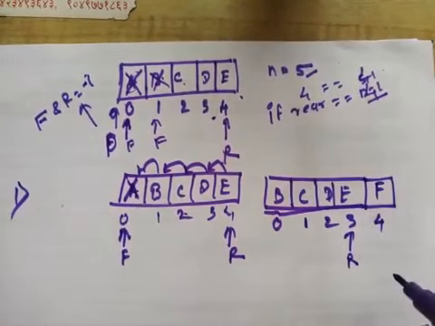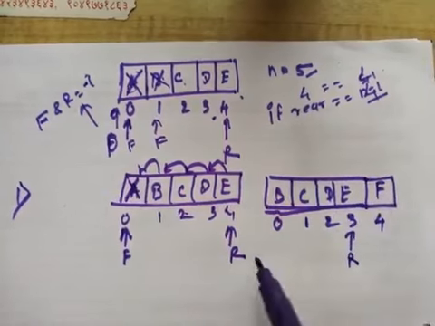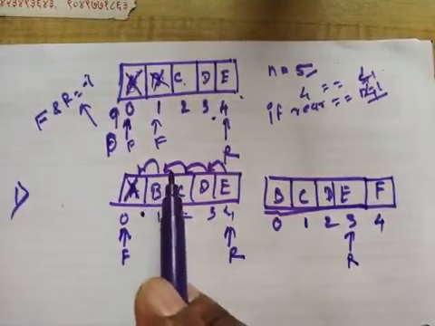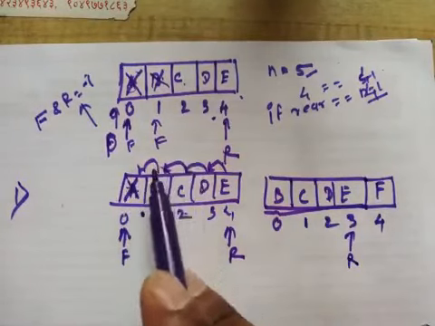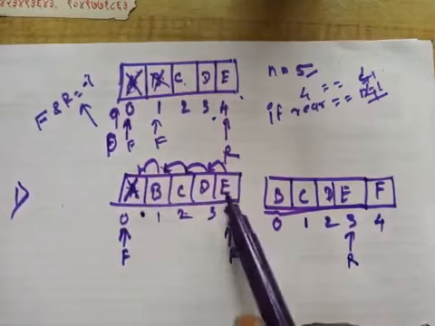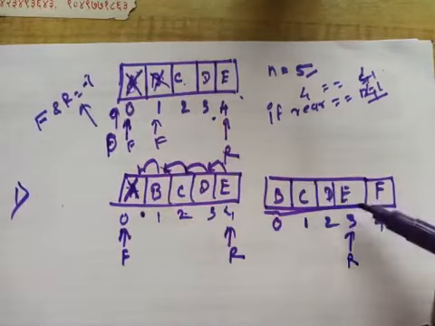So this is one solution: whenever we delete an element from the linear queue, we shift the other elements by one position. That available space we can use efficiently like this.